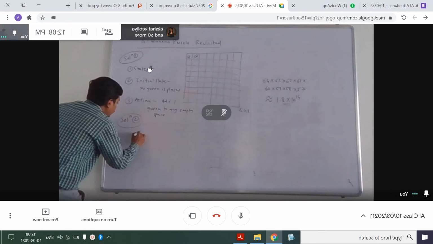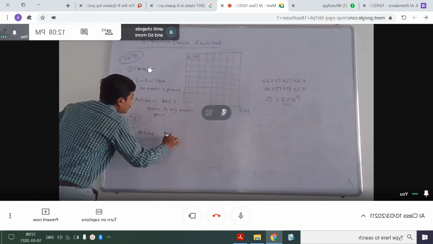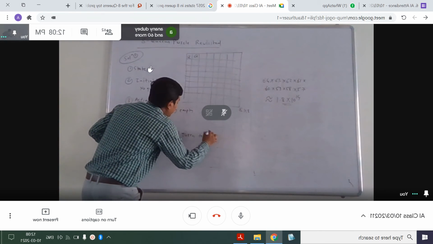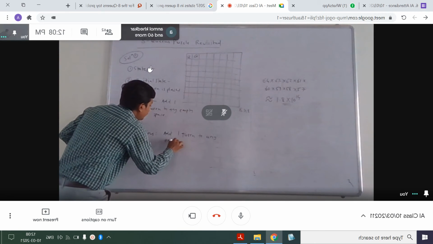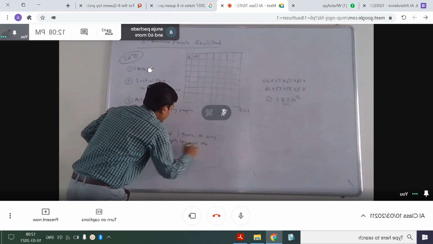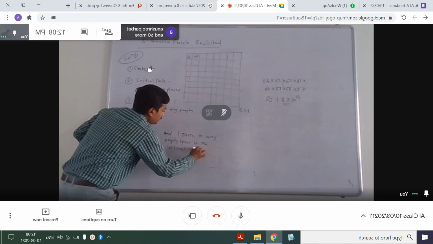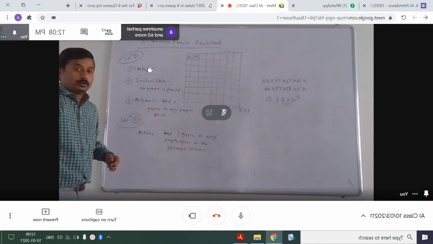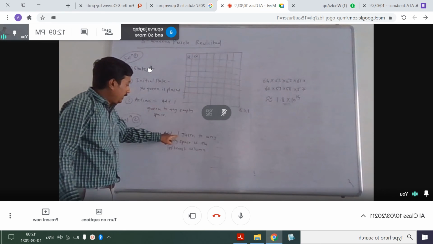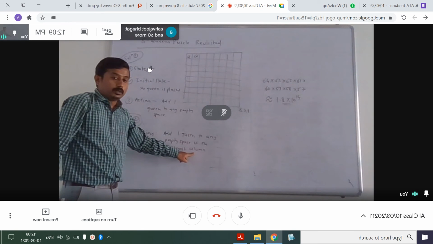So in solution 2, my action will be add one queen to any empty space of the leftmost column. Okay, I have changed my action. What I am doing here: add one queen to any empty space of the leftmost column.